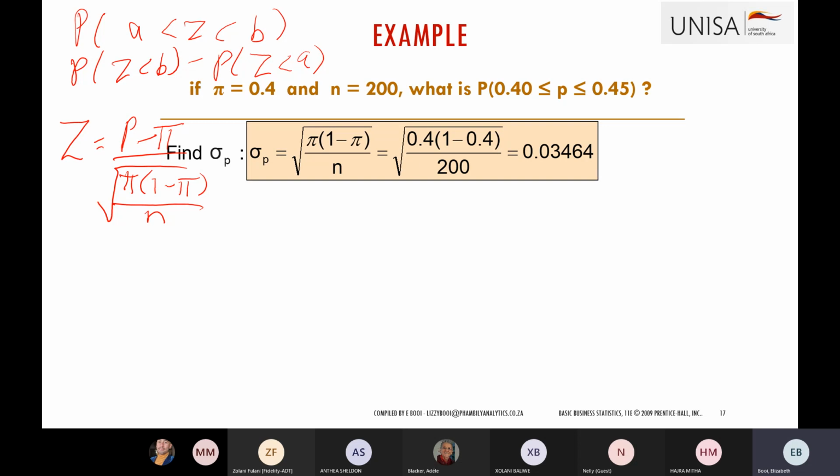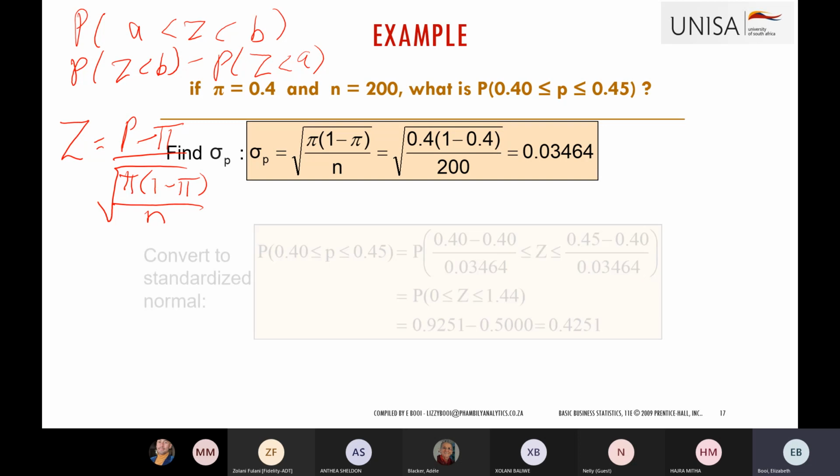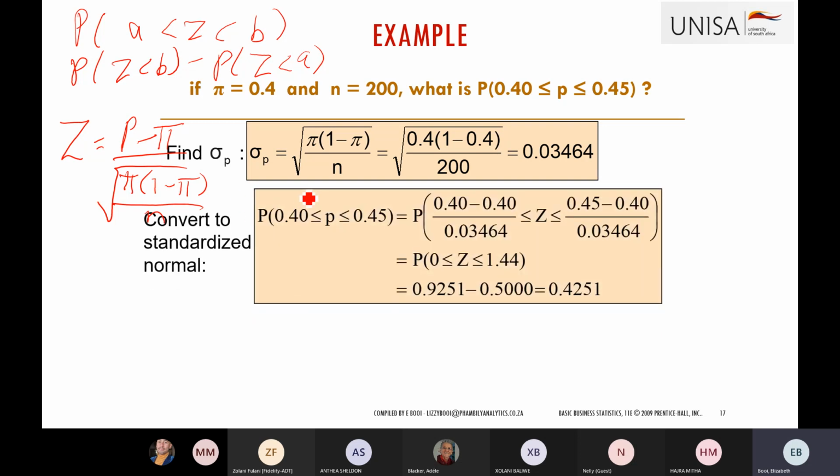Now I can move on and calculate the probability, because I know I need to use this formula. I'm going to standardize my values first. I need to calculate the probability of P between the two values, standardizing using the Z formula for both sides. Substitute. My P is 0.40, always given in the question.